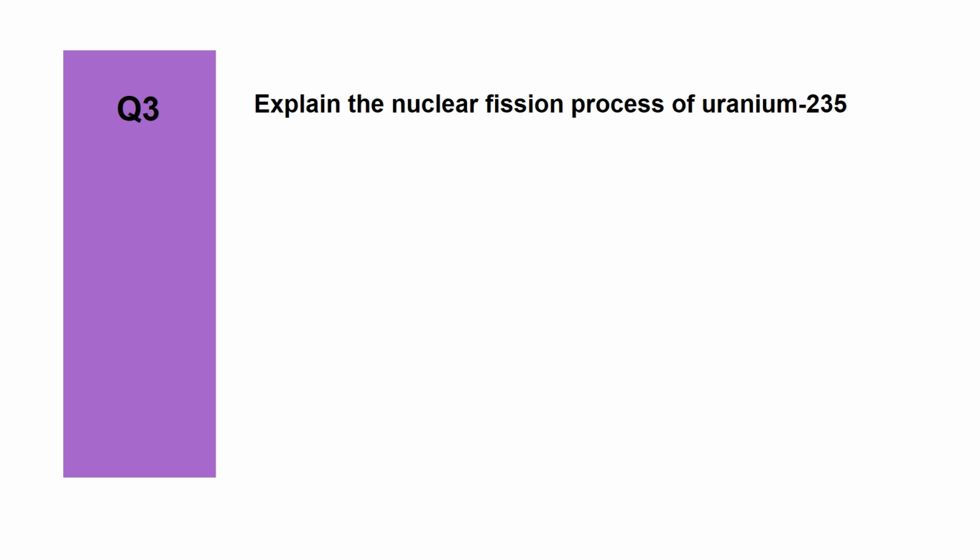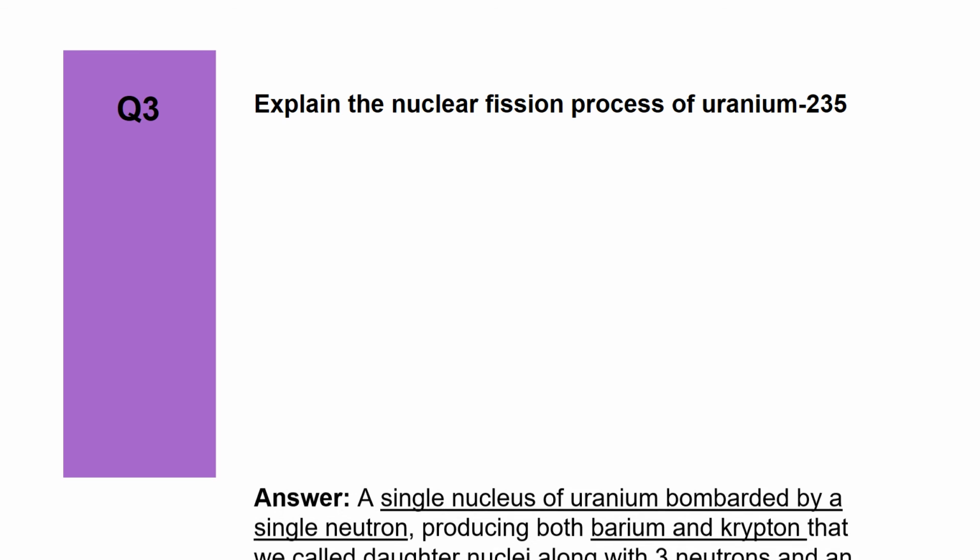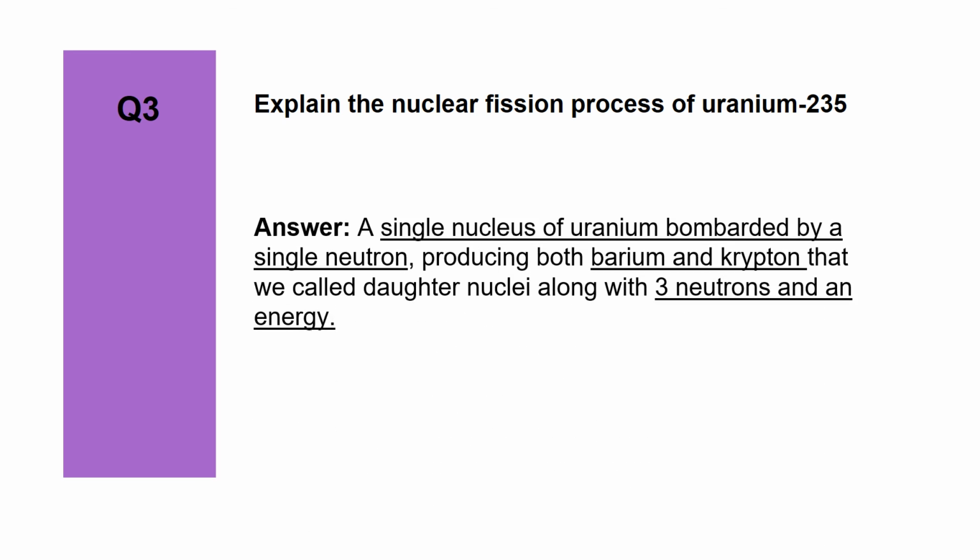Explain the nuclear fission process of uranium-235. The answer is a single nucleus of uranium-235 is bombarded with a single neutron, producing both barium and krypton, which we call daughter nuclei, along with 3 neutrons and energy.